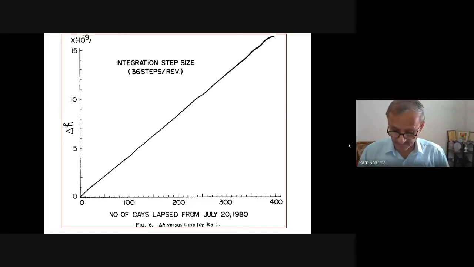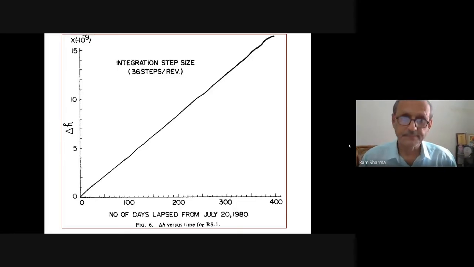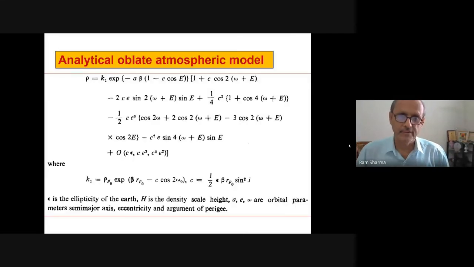Newtonian equations are numerically unstable. If you find their eigenvalues, you will find that there will be some positive values also. You don't get only imaginary values. So we used an analytical oblate atmosphere, and at that time that was the knowledge.